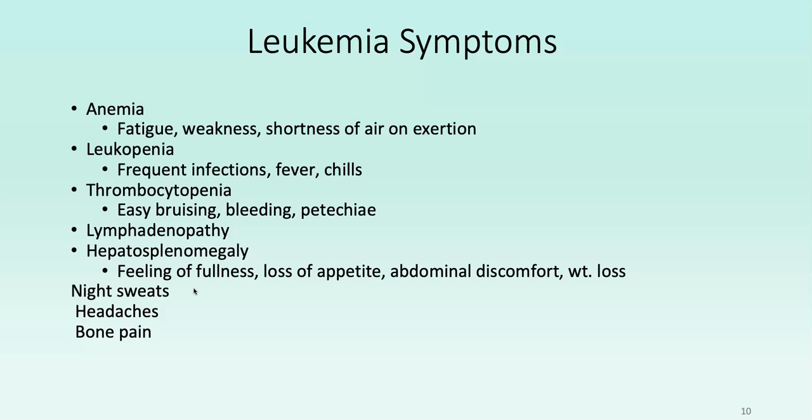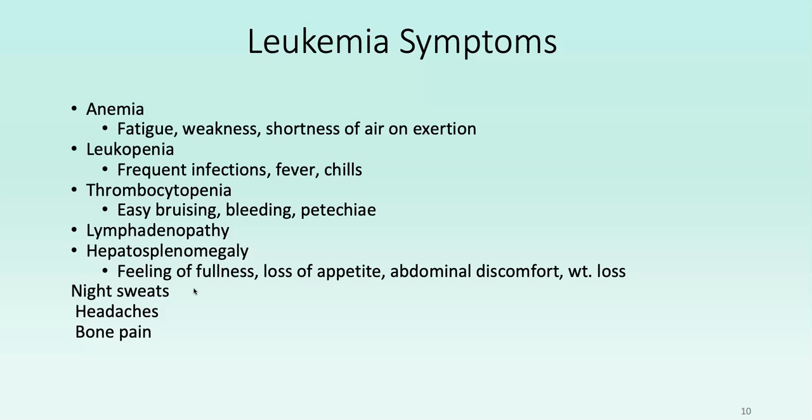So as you read through this slide, all these symptoms result from the changes that are taking place because of the changes to the blood cells. Infections can result from neutropenia, with the risk of infections rising steeply as that neutrophil count drops below 500.